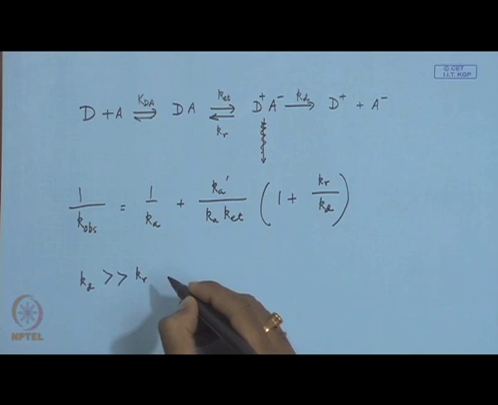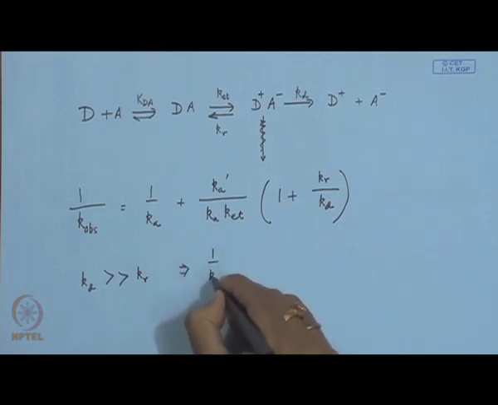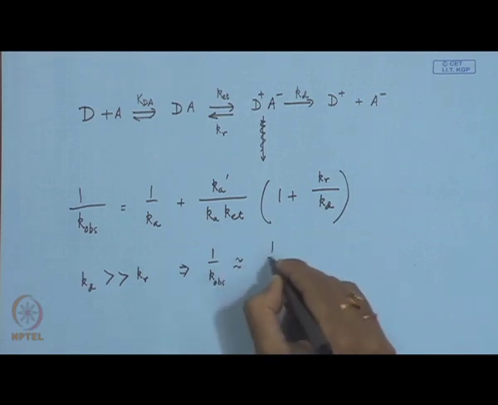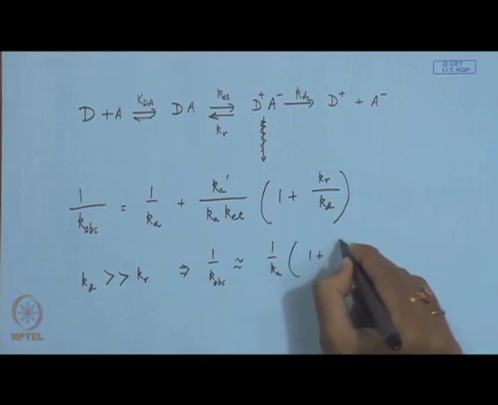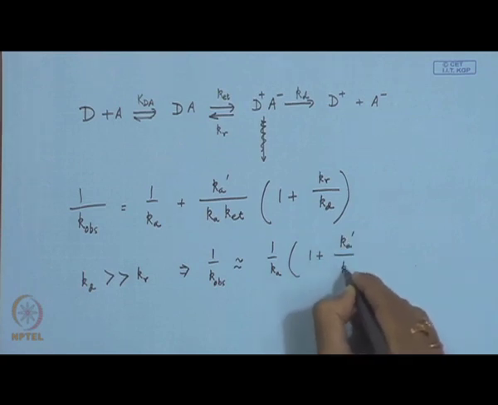okay, then what we can write, 1 by K obs is 1 by Ka into 1 plus Ka prime by Ket.